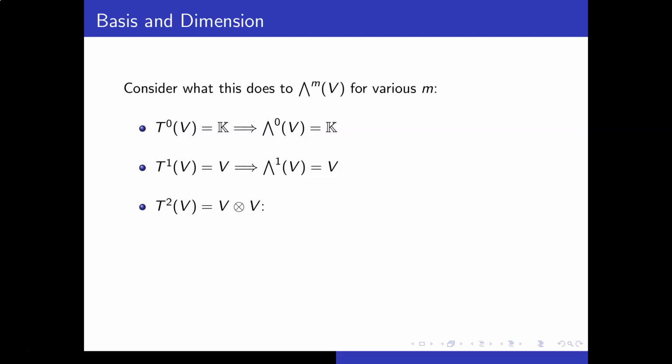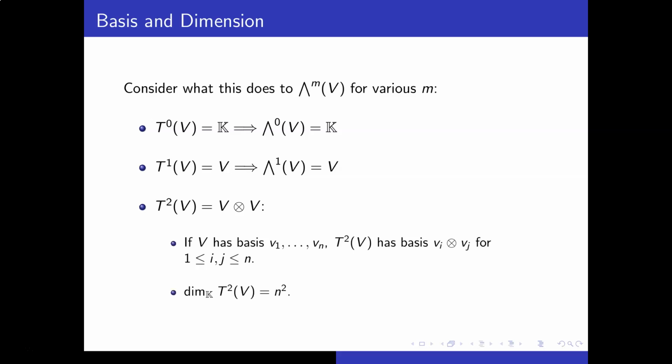Now, what happens when we get to the second power? Well, the second tensor power is spanned by the tensors of anything from V with itself. With V having basis V1 through Vn, we saw last time that the second tensor power has a basis of Vi tensor Vj, where Vi and Vj are any 2 vectors from the basis.